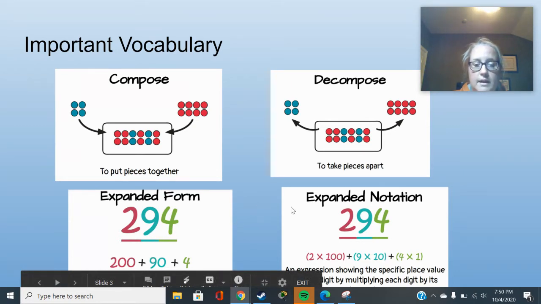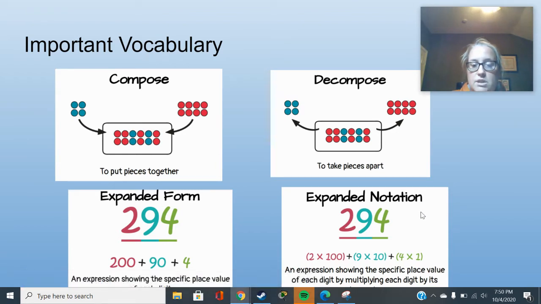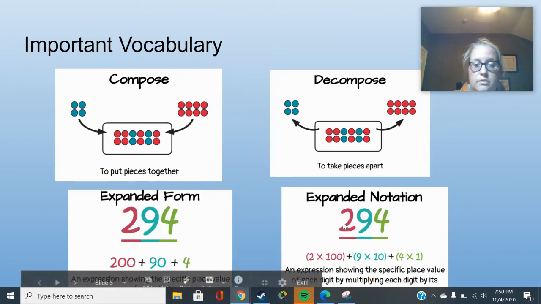Now the other one that I have is expanded notation. Expanded notation is really important because it is also an expression, but it's another way that you can write it by breaking up its place value and multiplying each digit by that place value. So again, we have 294. Just like we talked about before, I have 200s. This time when I have my 200, you'll notice that it doesn't just have 200 by itself.